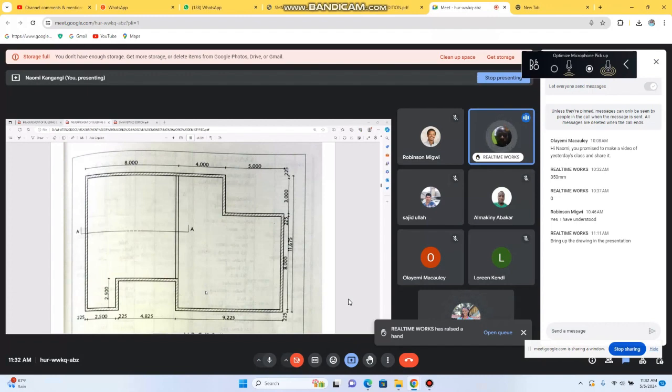So my question is, when you want to do the measured works, if you have been told to add the working space of let's say 1 meter, how are you going to calculate return and fill for the internal working space? How are you going to calculate the return and fill for the internal side?